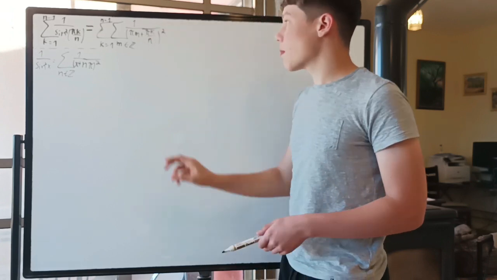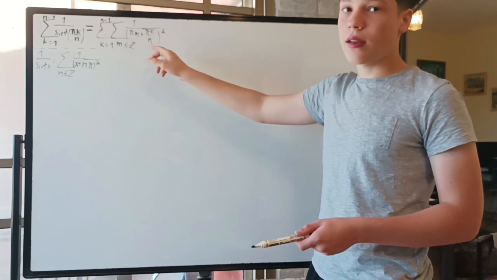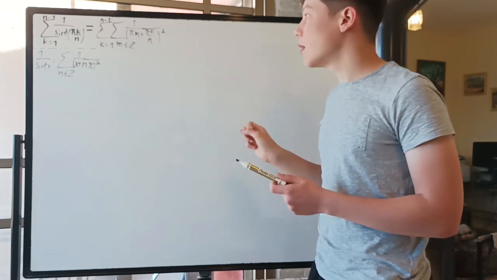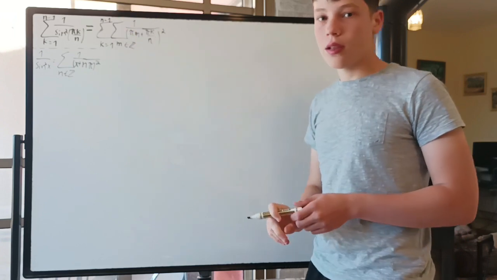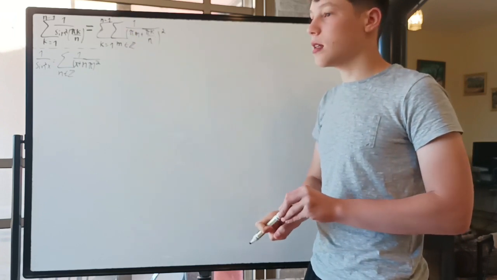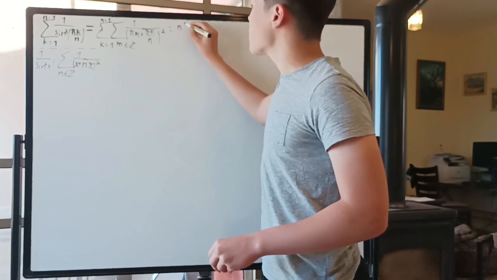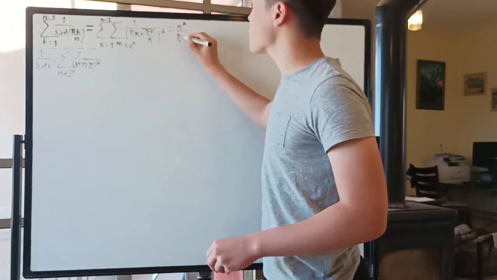So now I'll take 1 over pi over n squared outside of the entire brackets, because n is a constant and pi is a constant. So now I'll turn it into n squared divided by pi squared.